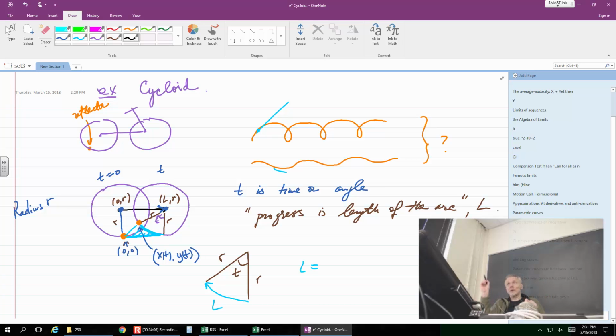That's why this is pi, this is 2 pi. On one hand it is the angle, pi, 2 pi, and also the length of the circle is 2 pi as well. So that's the idea of a radian measure of angle. Based on that, from radian measure, that's why you don't want to do degrees, L is actually equal to rt.